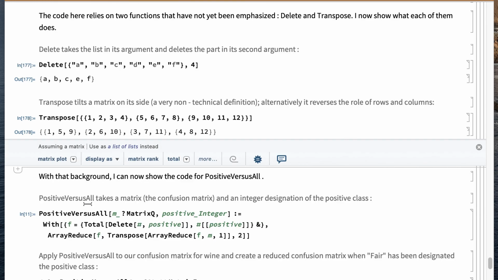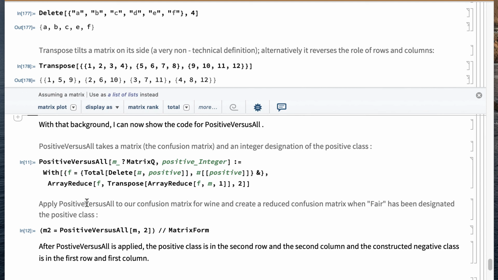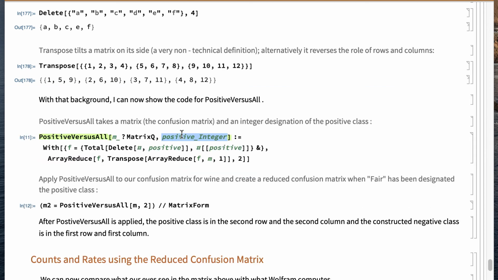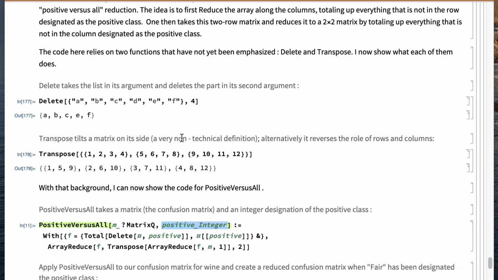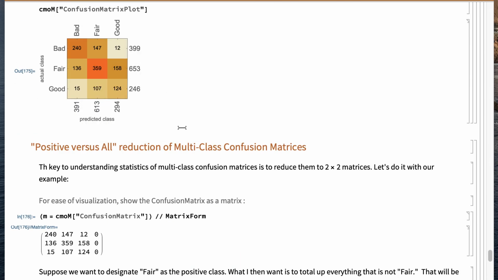Now, with delete and transpose under our belts, I can show you the code for how to compute positive versus all, which is going to take a confusion matrix. It's also going to take a designation of a class as positive, which is going to be a number. Fair would be the second, so I would use 2 because it's the second class in the listing here.